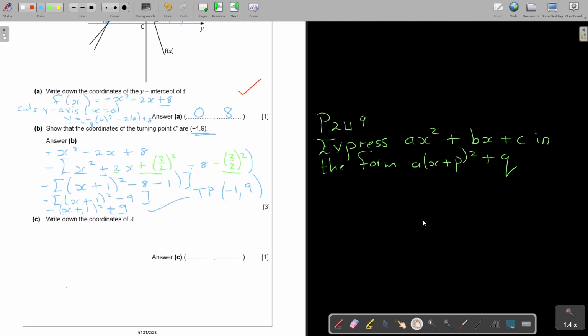Write down the coordinates of A. Now, actually, there's two ways of doing it. The one way, I'm going to show you, and then I'll show you the other way. So if I want to see where it cuts the x-axis, I make y equal to 0.